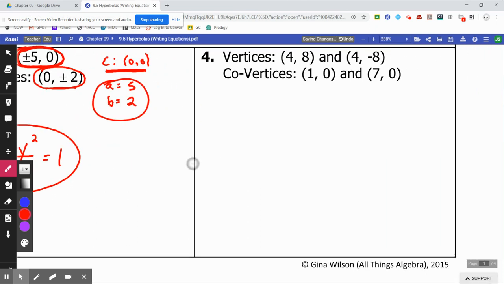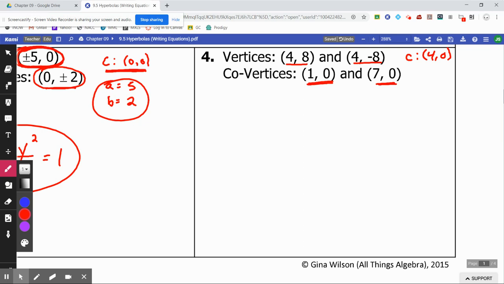Number 4, your vertices are located at 4, 8, and 4, negative 8. So therefore, to find the center, we're going to find the midpoint of these two, or the midpoint of these two, either way. It's probably going to be easier, since they're positive values, to just use these two. Add your x's, divide by 2 gives you 4. Add your y's, divide by 2 gives you 0. So therefore, there's your center.